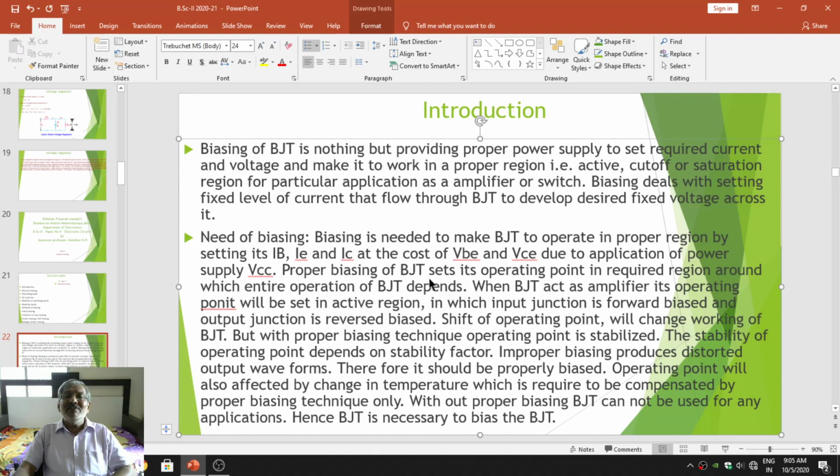Proper biasing of BJT sets its operating point in a required region around which the entire operation of BJT depends.